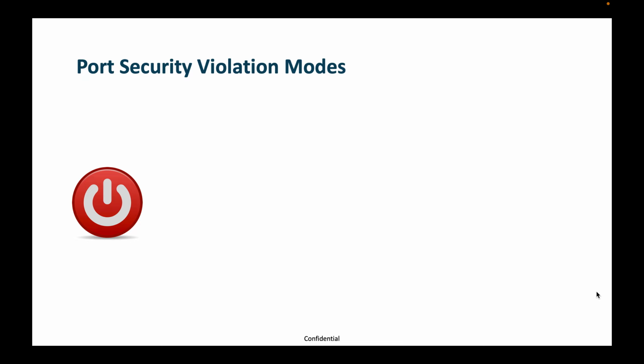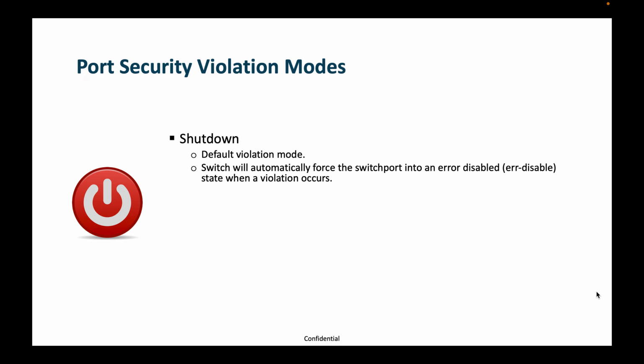Another option we have is shutdown. This mode is the default violation mode. When in this mode, the switch will automatically force the switch port into an error disabled state when the violation occurs. While in this state, the switch port forwards no traffic.